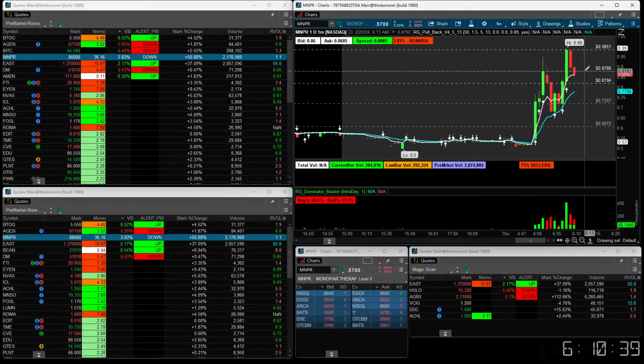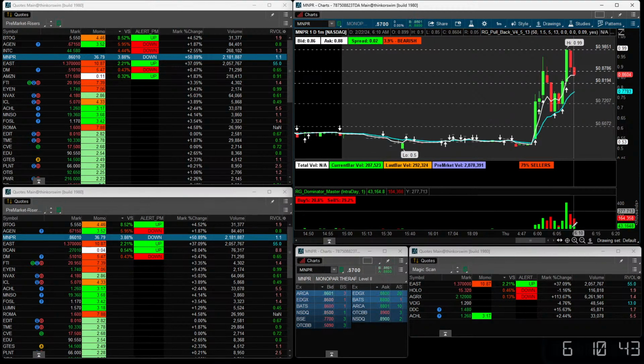Still playing around this 87-cent level. It could bounce back up. Keep an eye on these bars.